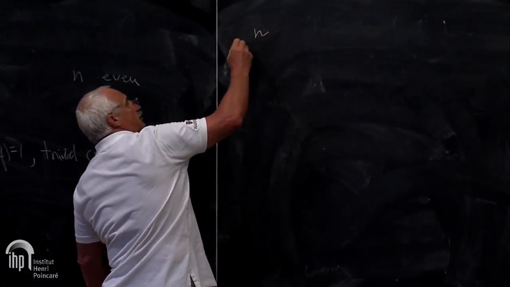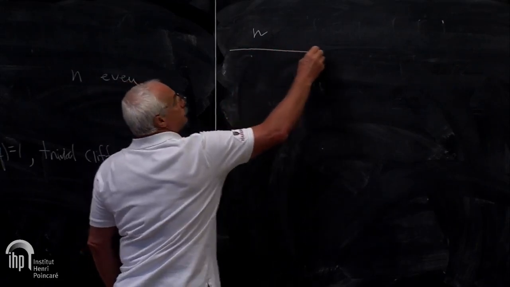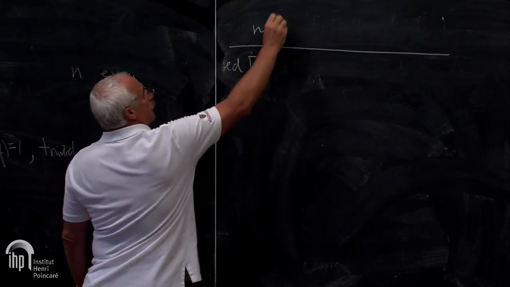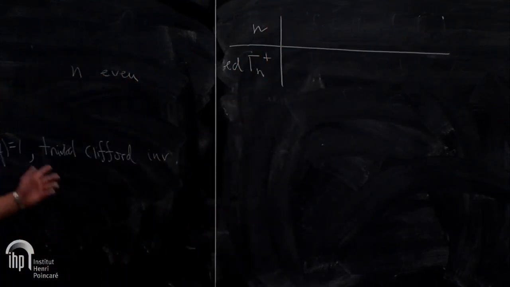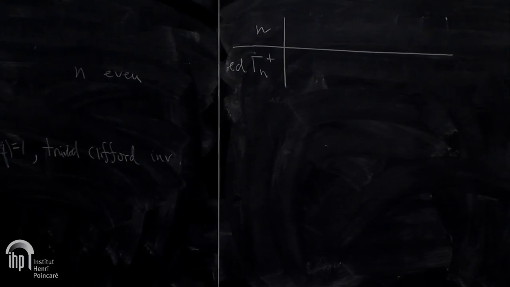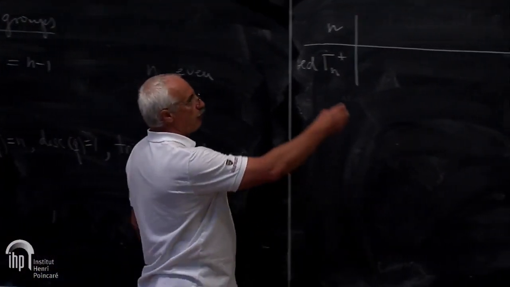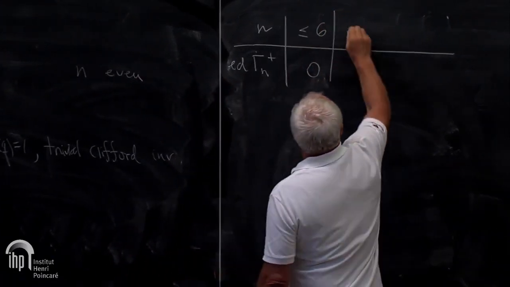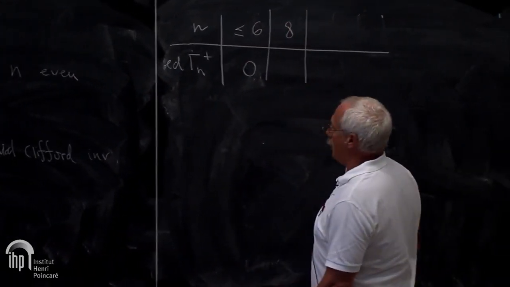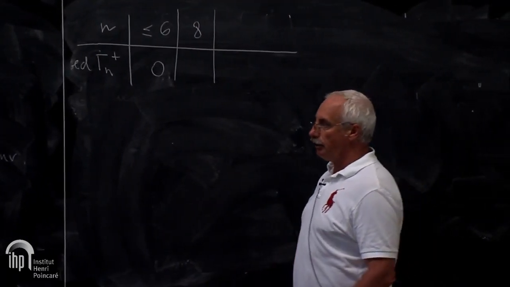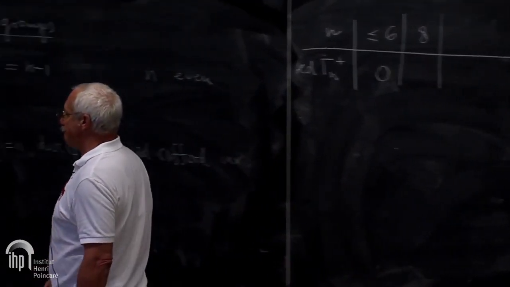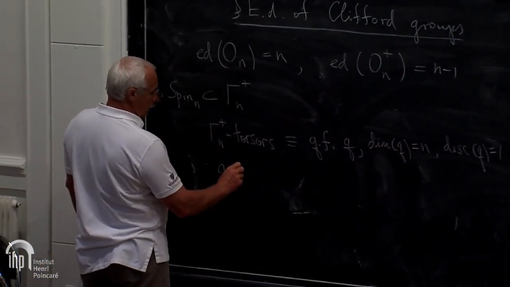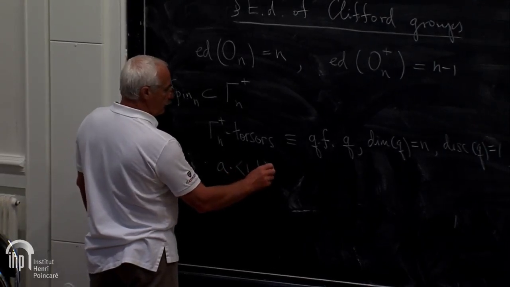Okay, this n is even, and here is the essential dimension of Gamma_n plus. Well, if forms like that have dimension at most 6, those are hyperbolic, and there is only one form. Essential dimension is 0. For 8, every form in this class of dimension 8 is a multiple of a Pfister form. So it's a multiple of the tensor product of 3 binary forms.